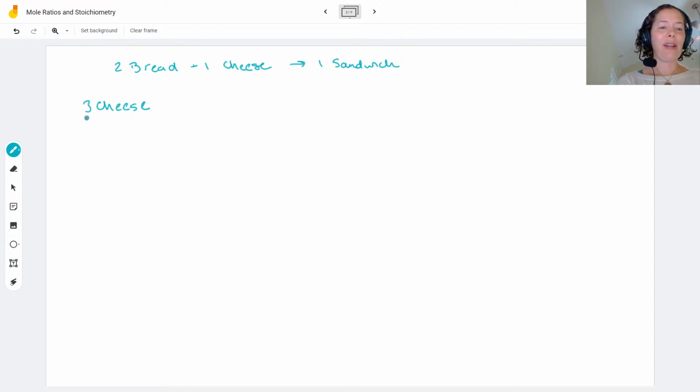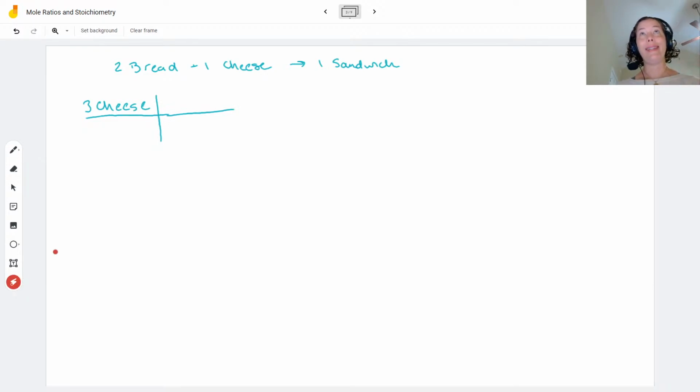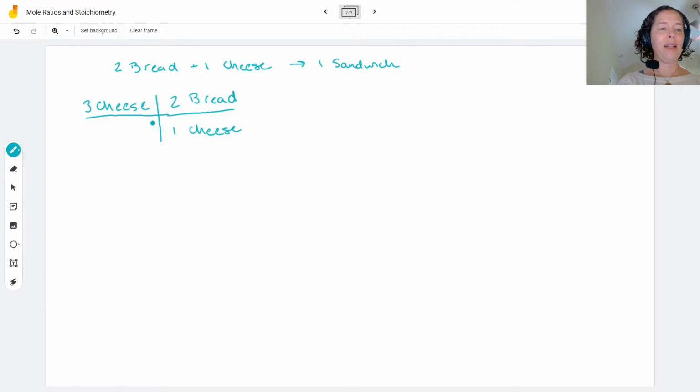Okay, because we're comparing cheese and bread this time, it's the same number, but still we're comparing cheese and bread. So our mole ratio again is 1 to 2, but we're looking at 2 different components here. So this time I want cheese to cancel. So I'm going to put 1 cheese here in the denominator. And I want to know bread, so I'm going to put bread in the numerator.